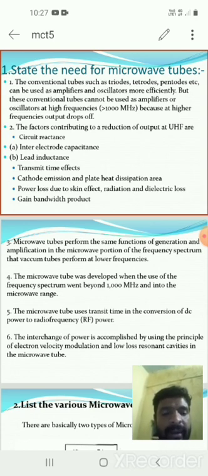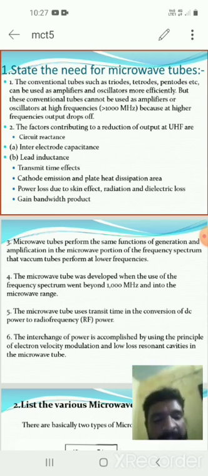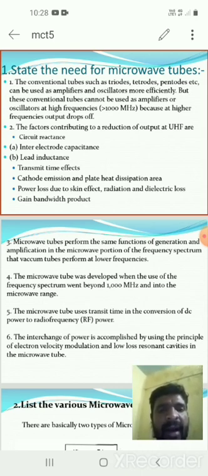But at very high frequencies, that is above 1 GHz or 1000 MHz, the normal diodes, triodes and pentodes are not used for amplifiers and oscillators because at high frequencies the output drops off.